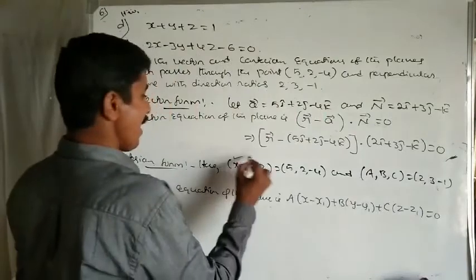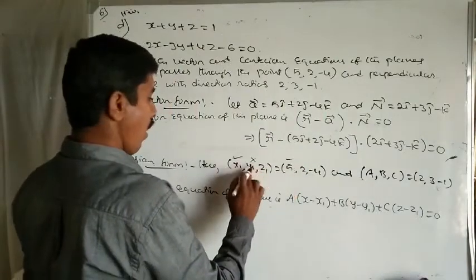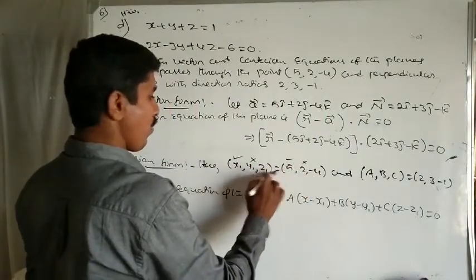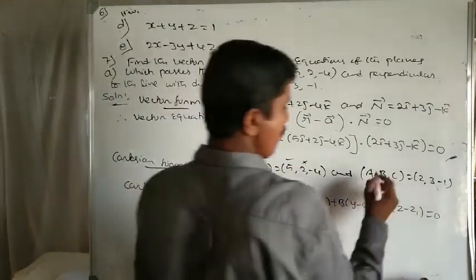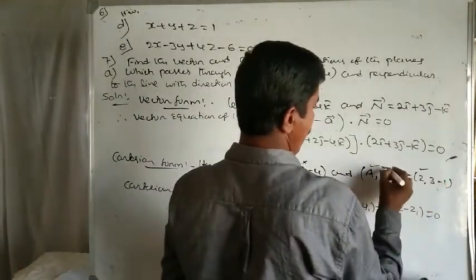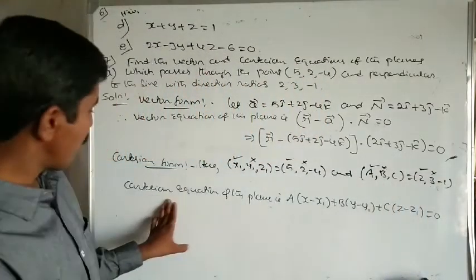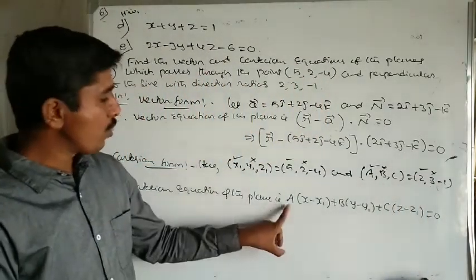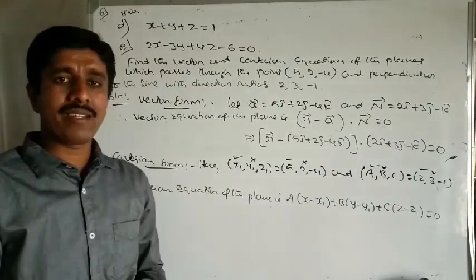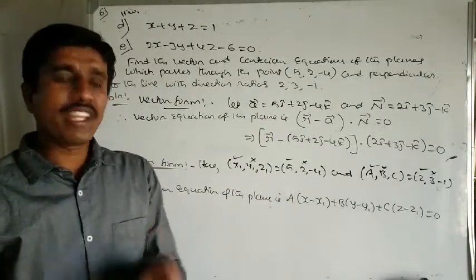This means x1 equals 5, y1 equals 2, z1 equals minus 4, and a is 2, b is 3, c is minus 1. Just substitute these values and simplify, and we get the required Cartesian equation.